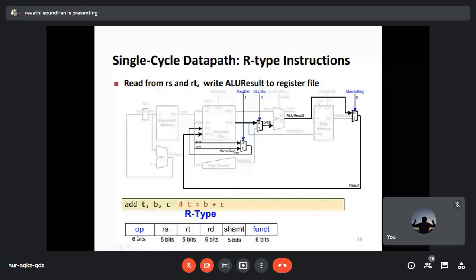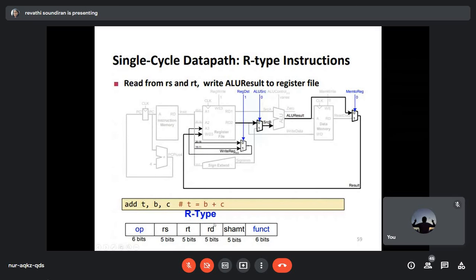The first is your opcode field. Next you have the source register, then again a source register. Then you have the target, the destination register. Next is the shift amount, which is used if you are using any shifting operation. Then you have your function field. These six fields represent the syntax of your R type instruction.